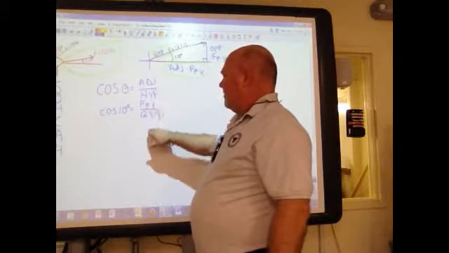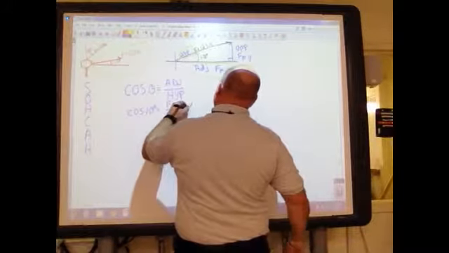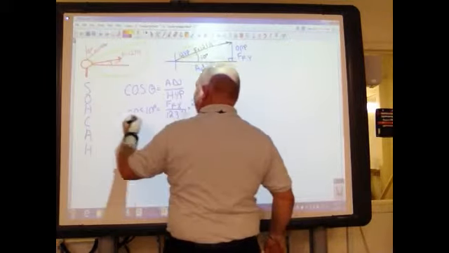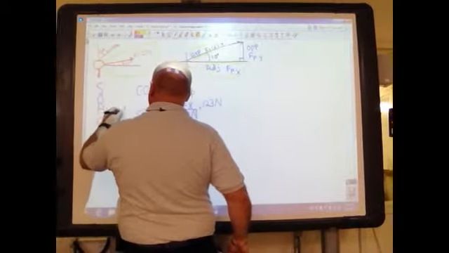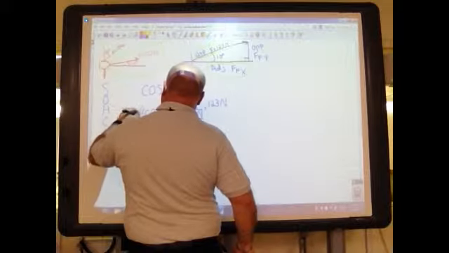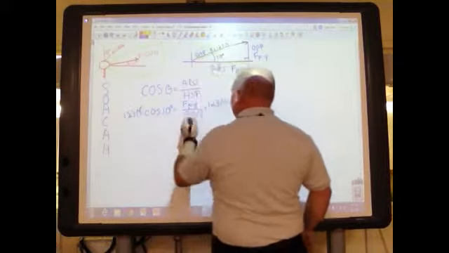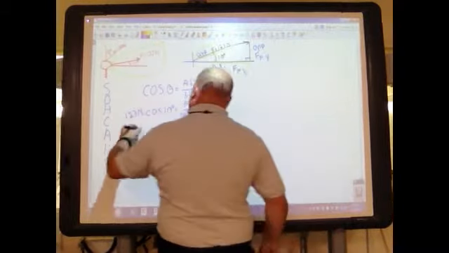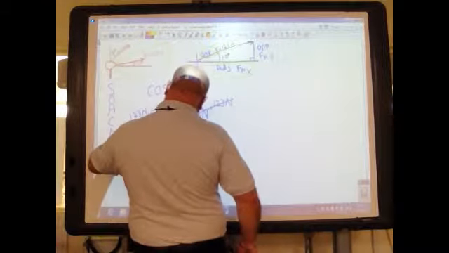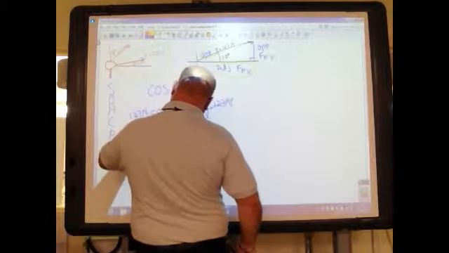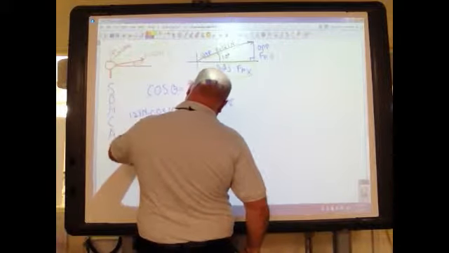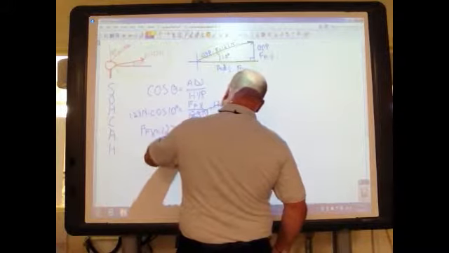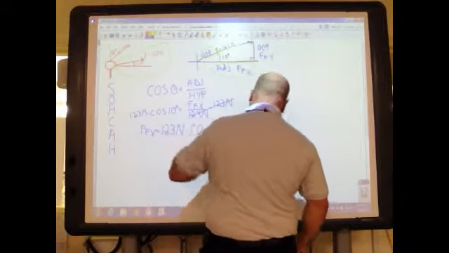To get F sub x by itself, I multiply both sides times 123 newtons. These two cancel each other off, so I now have F sub x equals 123 newtons times the cosine of 10 degrees.